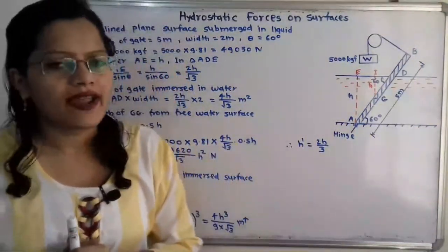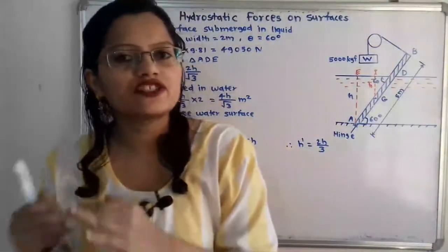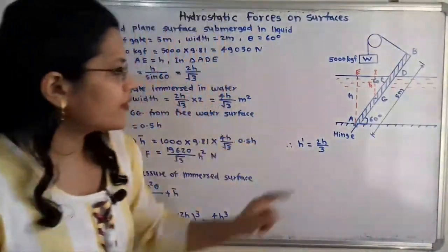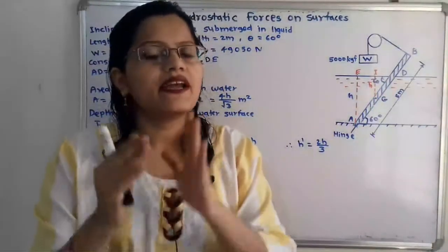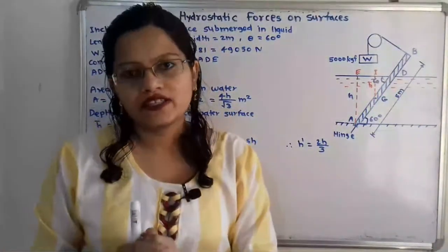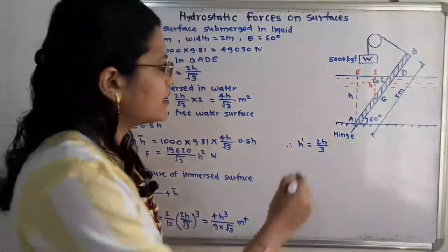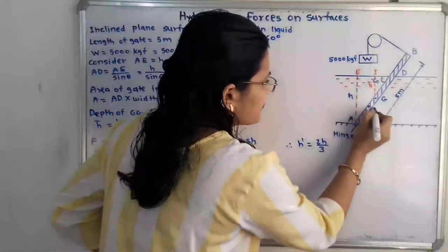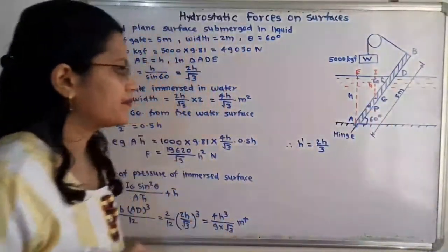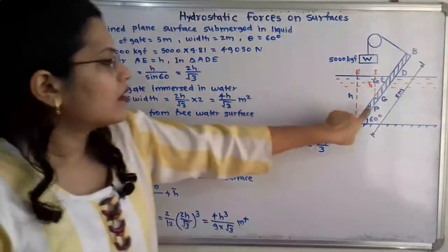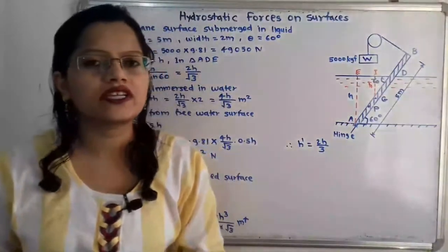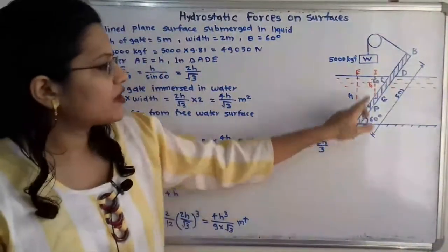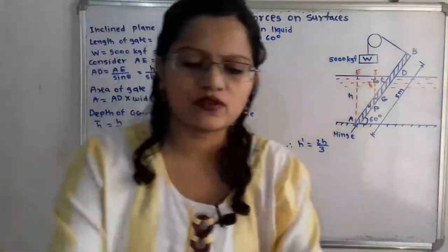Now we will find out the point of application of total force. So where is the point of application of total force? That will be the point P, and it is below the point G. So again I will locate here the point P. So here is the point P. Now how to find out its location? So again we have to find out what is the distance of this point P from the free surface of water.